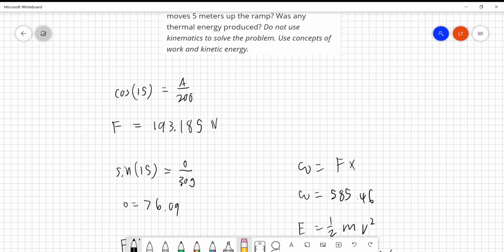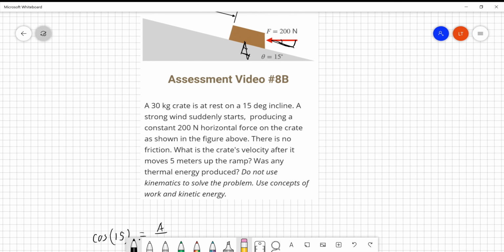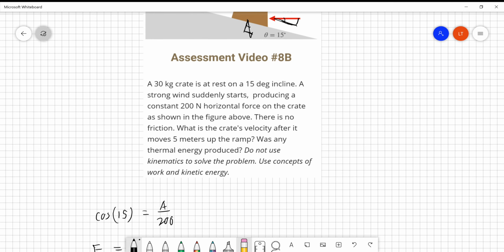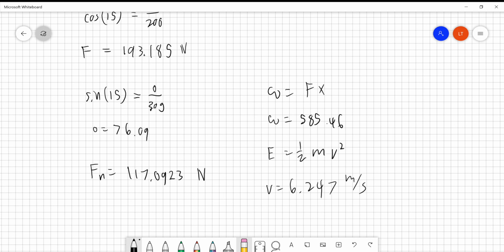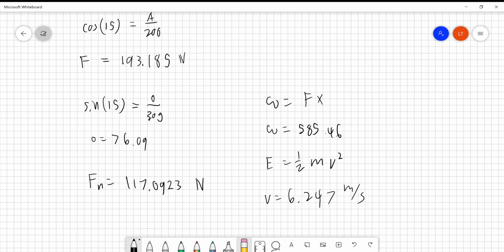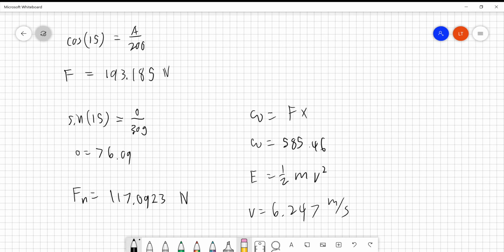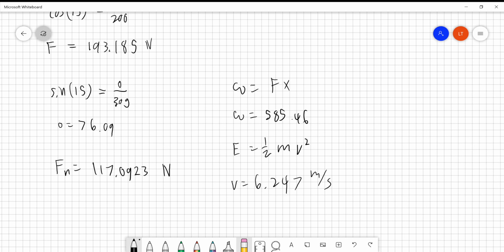Subtract those two because of Newton's second law, sum of all the forces. And get a net force of 117.029 newtons up the ramp. And we know that work is equal to force times distance, and the units of work are joules.